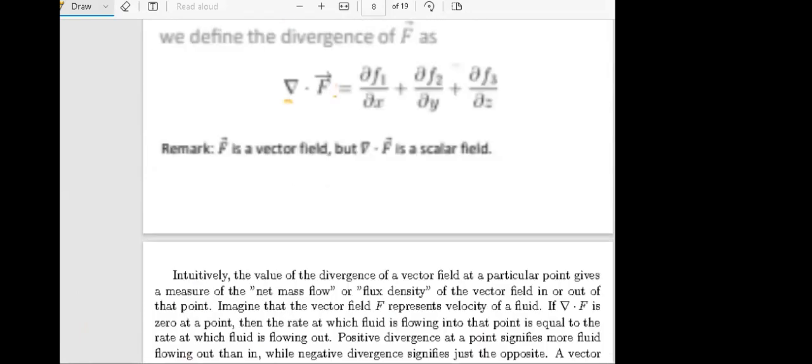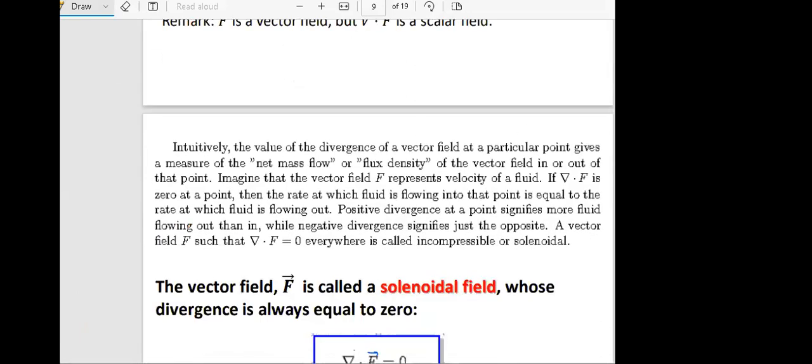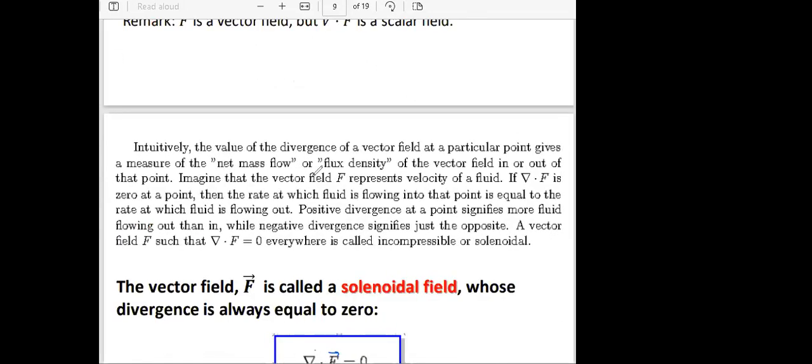So look at this. If the divergence of a vector field is equal to 0 at a point, the rate at which fluid is flowing into that point is equal to the rate at which fluid is flowing out.